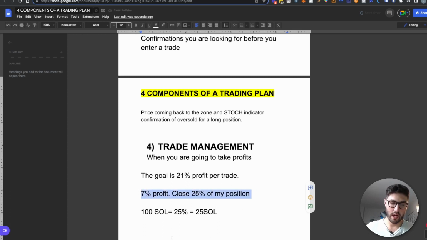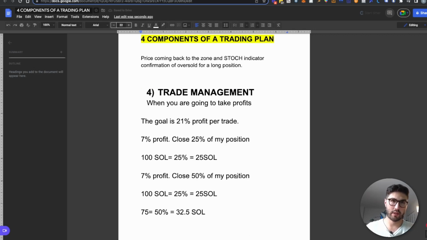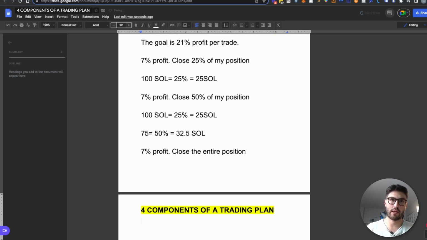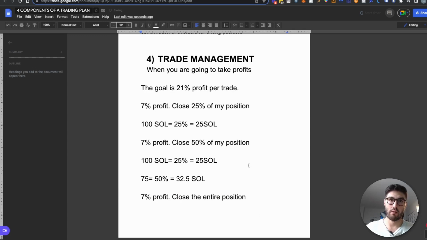Then when I reach another 7% profit, I would close, let's say, 50% of my position. At the other 7% profit, you will close the entire position, okay? With no emotions, with not thinking about, oh, am I going to go higher or not? So you're just going to take your profits and run with it. All right, so that's basically how you're going to do it.